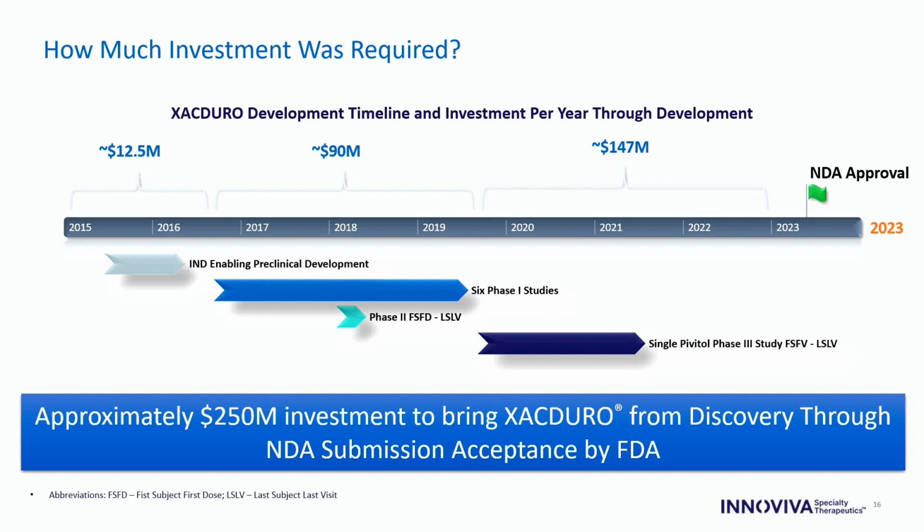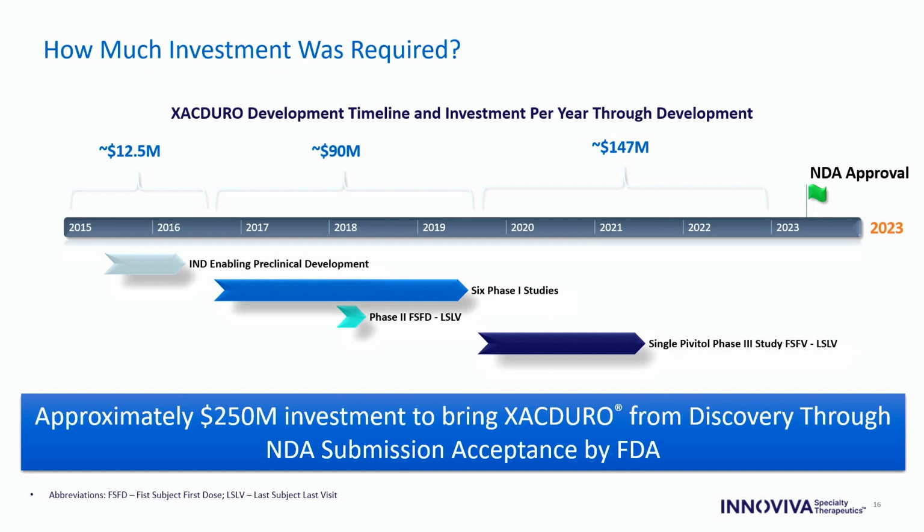What was the investment to get there? So this is the timeline of what our high-level clinical program looked like. Entasis was spun out from AstraZeneca in 2015. And you can see here, we went through the IND-enabling studies and preclinical development. We ran 6 phase 1 studies, in addition to a phase 2 study between the years of 2017 and 2019.